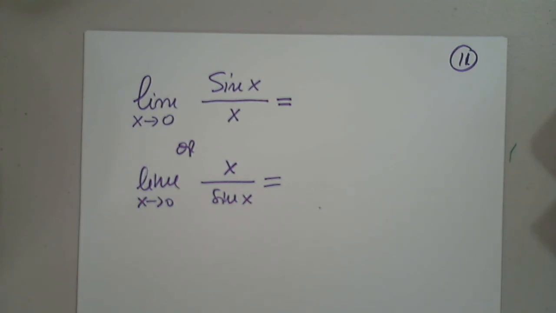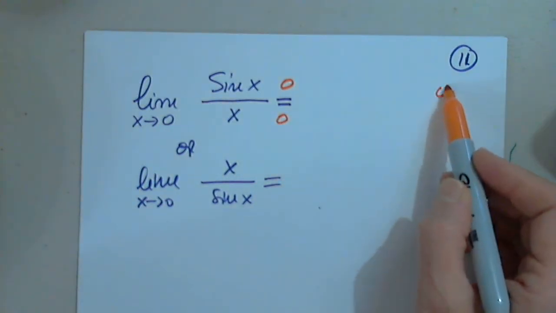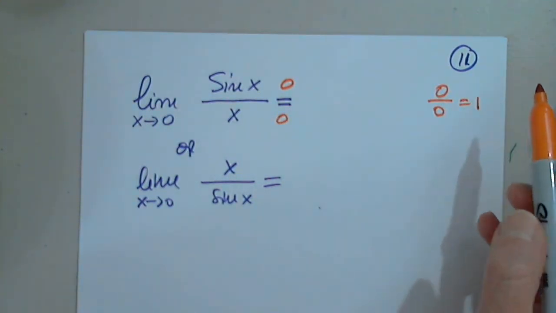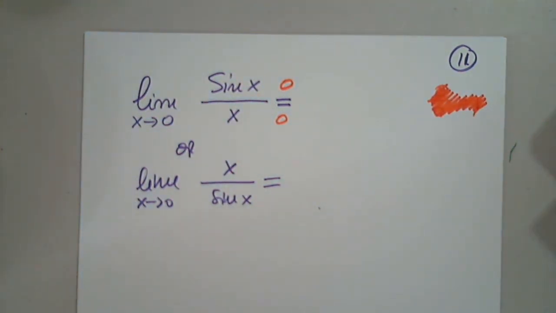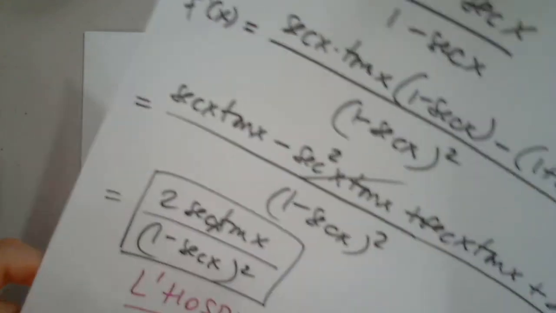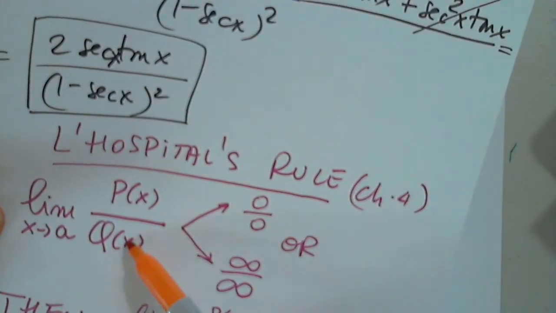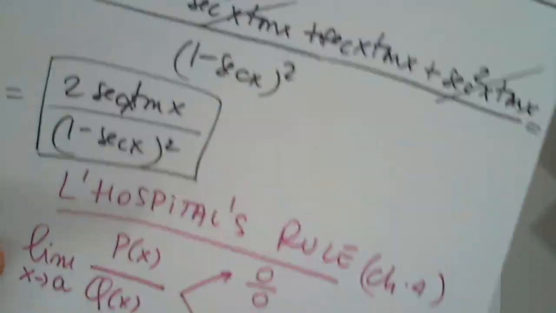Where does the numerator go? Zero. Good. Where does the denominator go? Zero. And I hope you did not conclude that 0 over 0 is 1, right? Good. So all conditions are fulfilled. We have a limit, we have a ratio, and we have one of the two situations allowed.